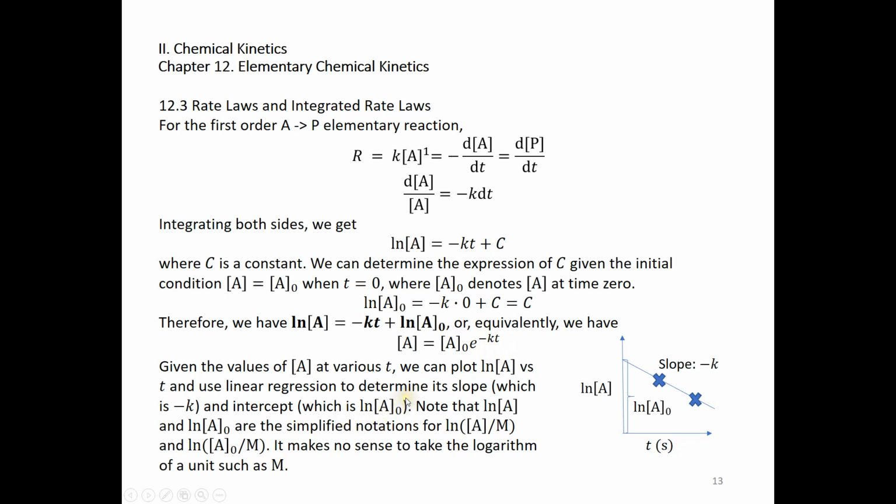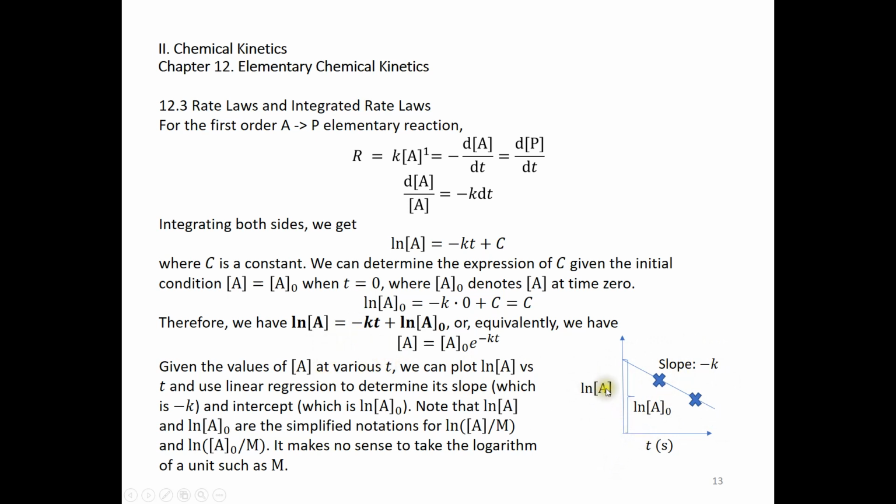So it's possible to hand calculate the value of k. But if you have more than 2 data points, if you have 3 data points, 4 data points at different times, just make a graph, do a linear regression, determine the slope, and remember the slope is negative k.